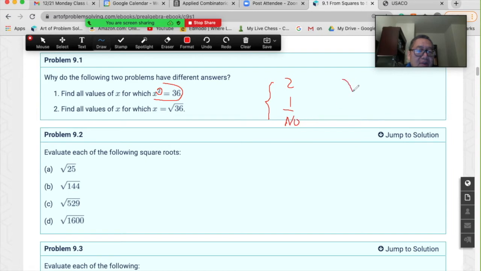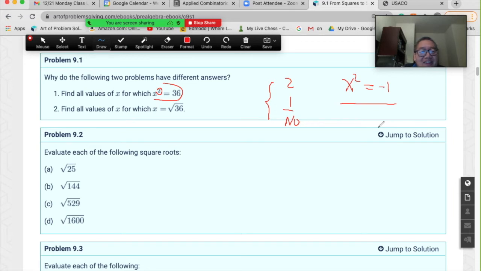Now suppose x squared equals negative 1. Can you solve this equation? X squared equals negative 1. Can you find x? That means x times x equals negative 1. Wait, no, that's positive.